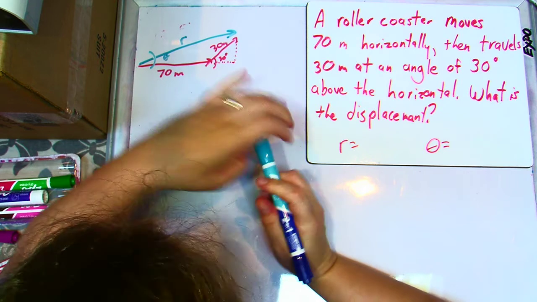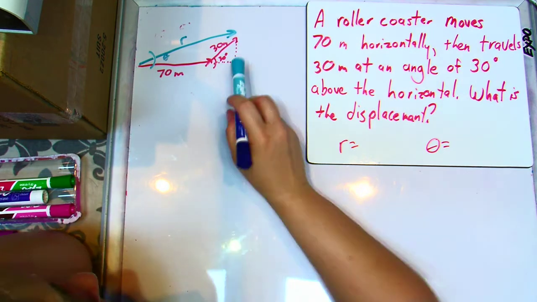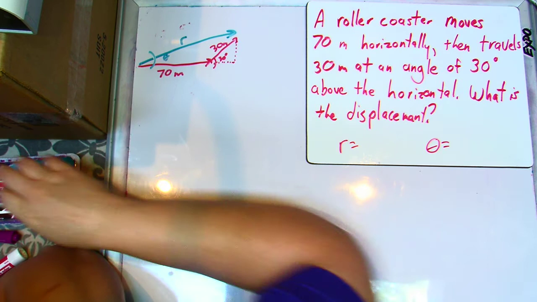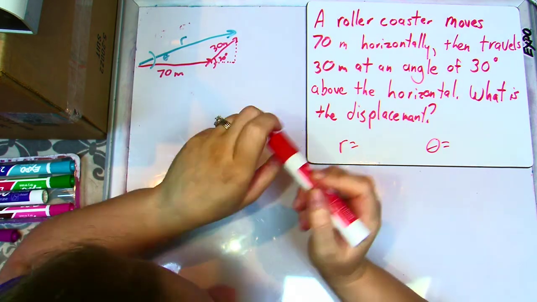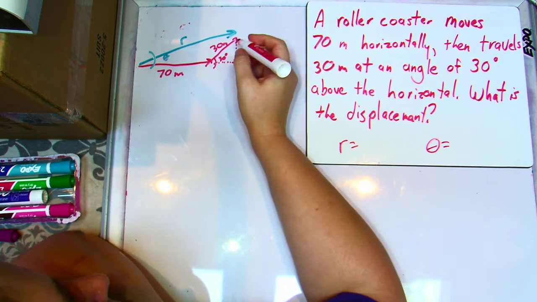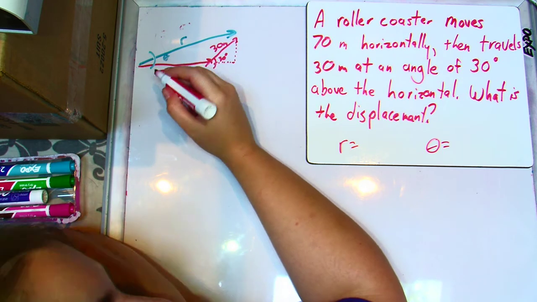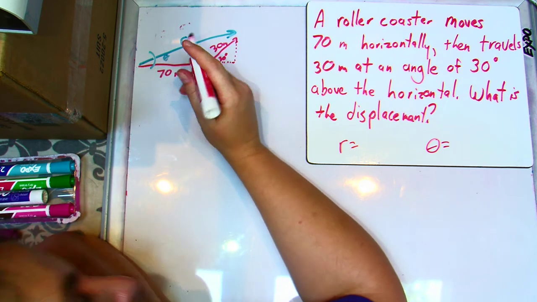Now this might look a little bit intimidating, but with this one here, we can actually resolve it into its x and y components. So let's start off with this guy. With both of these, we can resolve them into x and y.